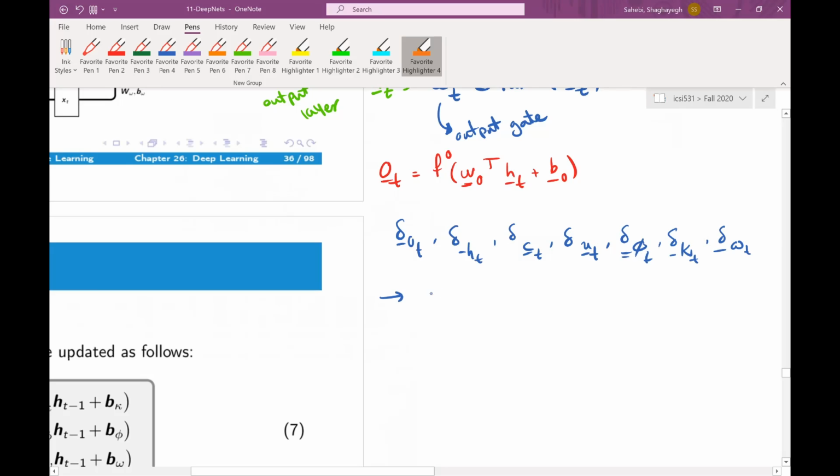From those we calculate the gradients with respect to W_kappa_I, W_omega_I, etc. And then we learn these parameters using gradient descent. So that is LSTM.